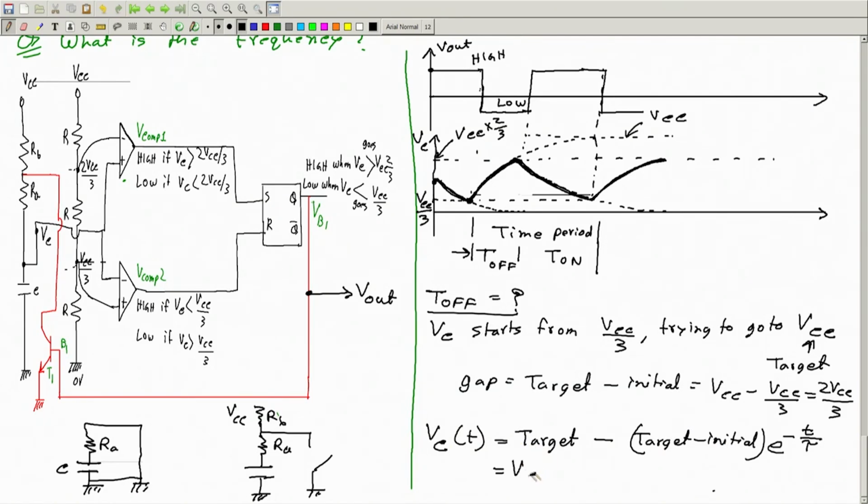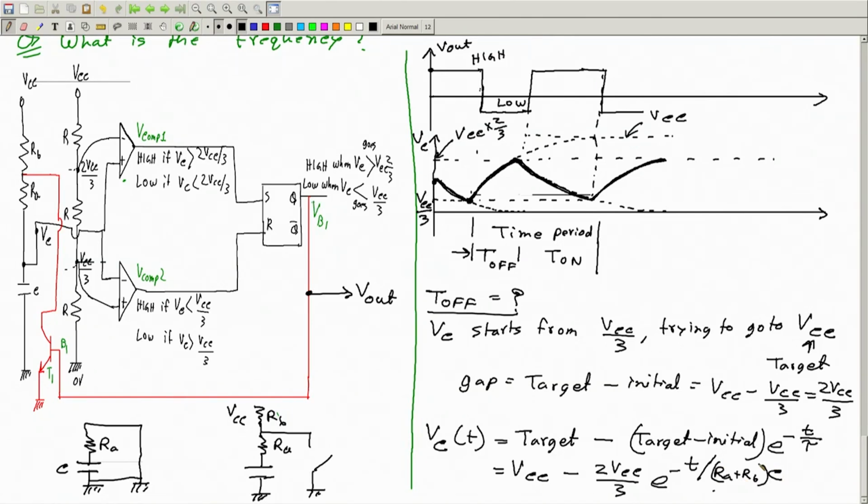Target is VCC minus 2 VCC by 3 times e to the power minus t by tau. What is tau? The capacitor is charging through RA and RB, both of them. So the total resistance in this circuit is RA plus RB. So tau is RC, where R is RA plus RB, multiplied by C.